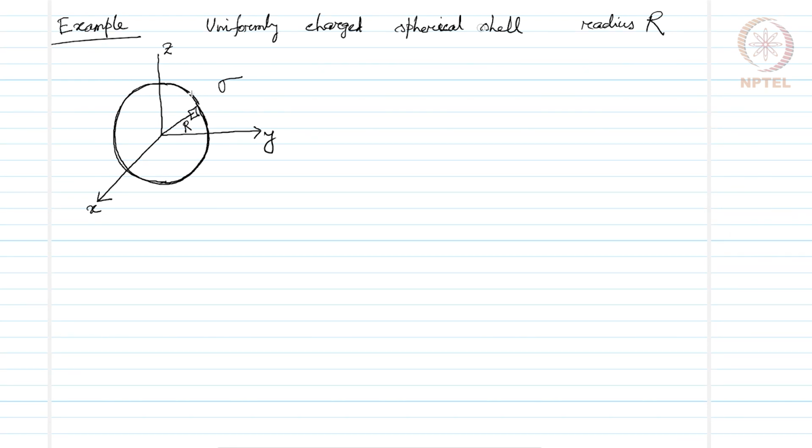and if we consider a point P here on the z axis where we observe the potential, then this much length is given by z.